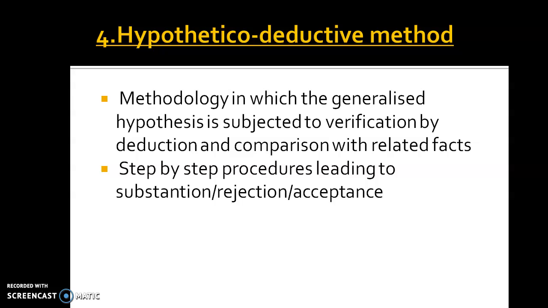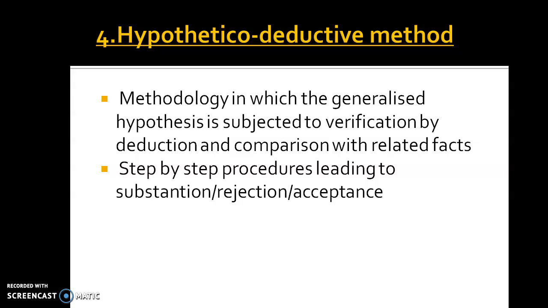We take a general principle or general hypothesis, then it goes under the verification process, and after that we compare this with the relatable facts. So this is a step-by-step procedure which in turn leads to either rejection or acceptance or substantiation of the hypothesis. That is called hypothetico-deductive method.